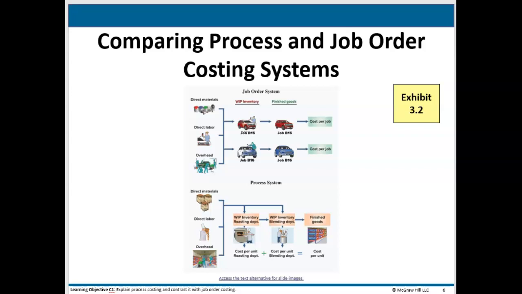With the process system, we have a production cost report. With the work in process inventory, job order system would have one work in process inventory account, but the process system, we have one work in process inventory account per each process. But all in all, this is a pretty good comparison.